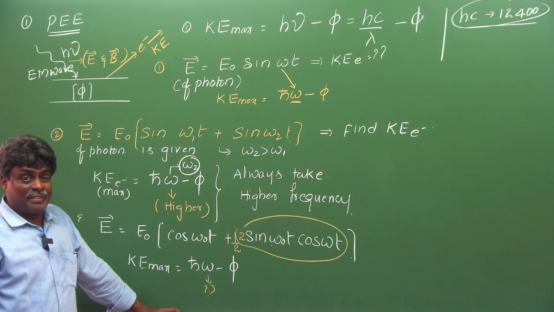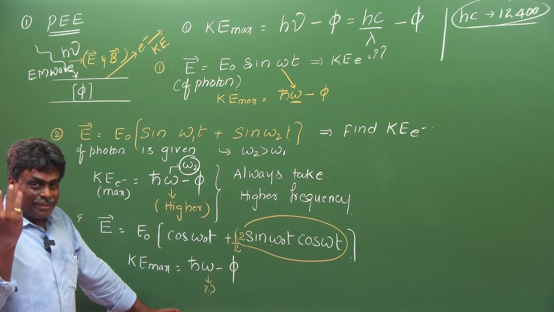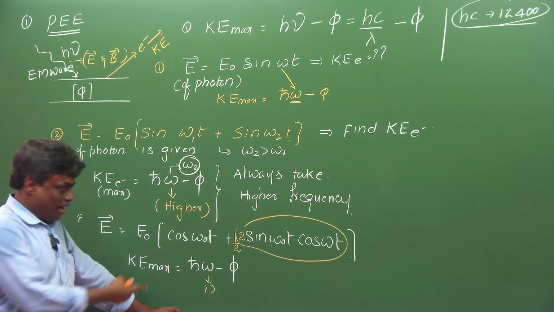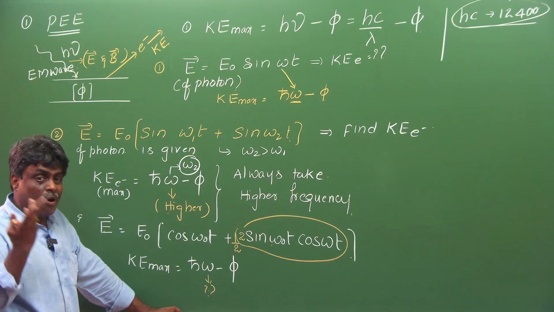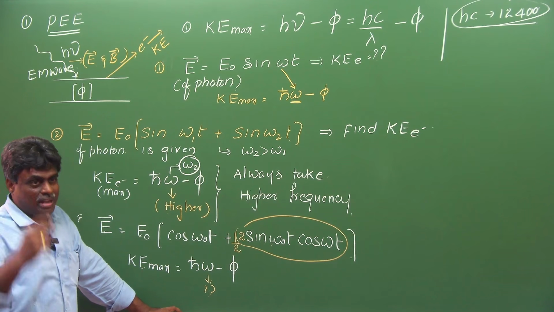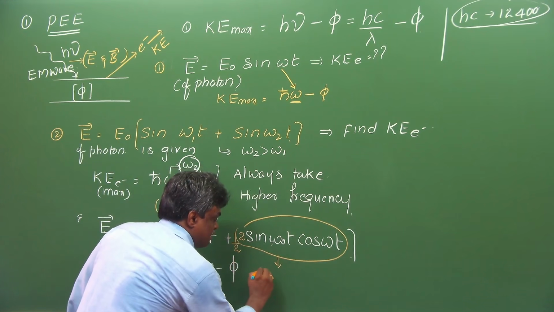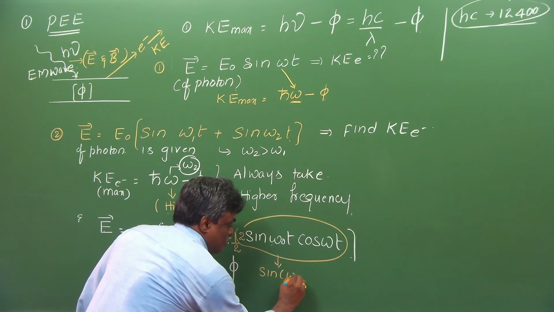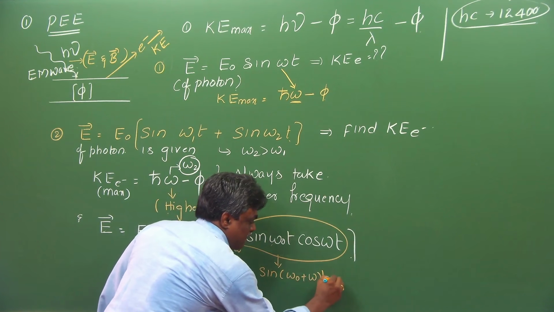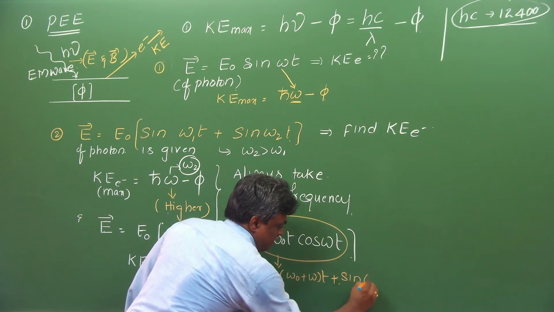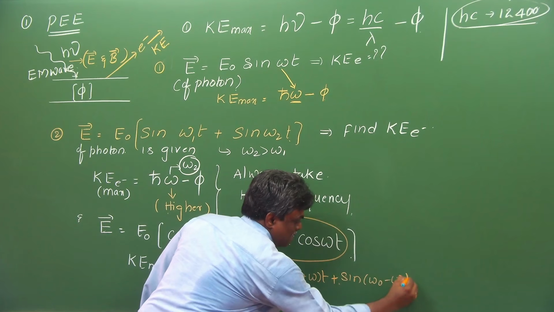So what is the higher frequency? Three frequencies are there: omega naught plus omega, omega naught minus omega, and another is omega naught. Out of all these, which is the higher one? Omega naught plus omega. I don't know how many of you understand this. This is sin of omega naught plus omega t, plus sin of omega naught minus omega t.